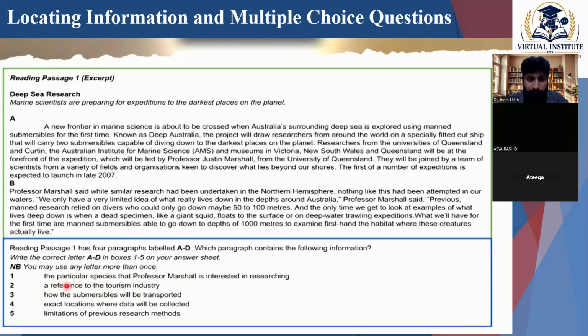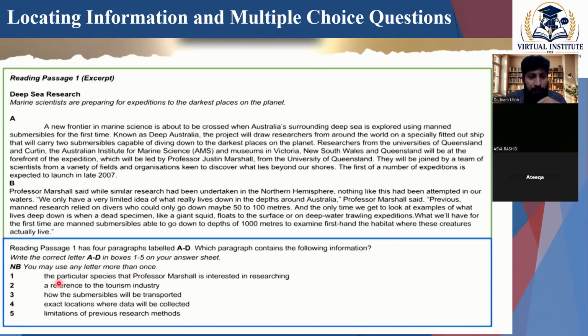Is it clear? Okay. Now, here is the note. You may use any letter more than once. In the previous examples, we have seen that you cannot use the same option twice. Here, in this type of question, you can use one option twice.